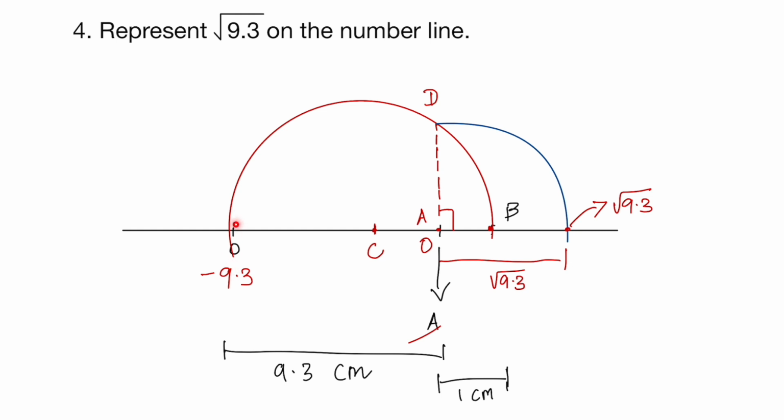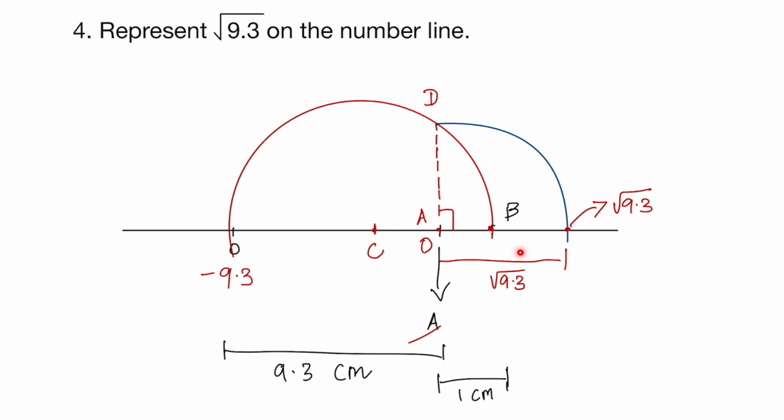Now you are going to take the farthest 2 points, that is O and B, and find a midpoint for that, and that is going to be C. With that found, you are going to take this as radius and draw a semicircle with C as its center, with OC as its radius.